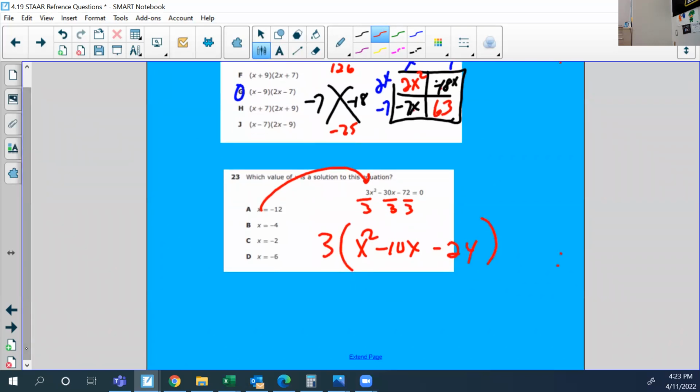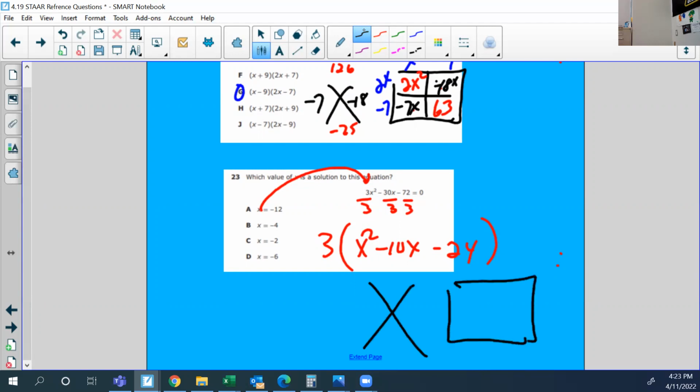All right, so a quick X box method. Easy factor. We know this is going to be x squared, minus 24, and negative 10. So what two numbers, when I add them, give me negative 10? You should know that by now, right?